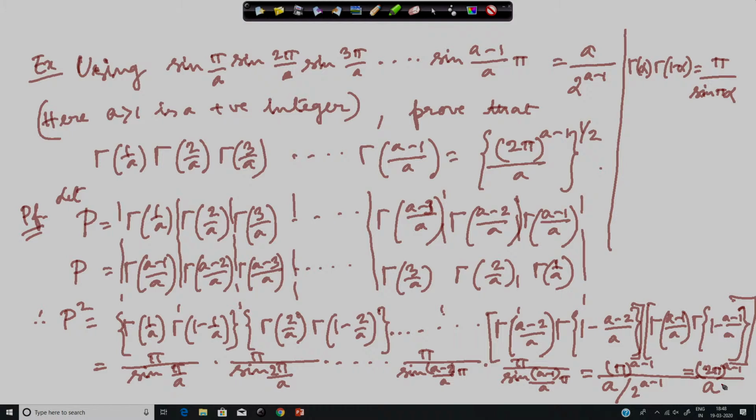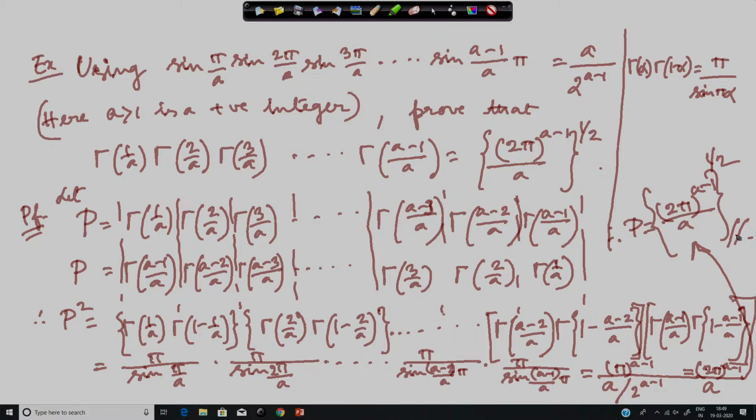So, p will be, if you take the square root of the entire thing, therefore, from there I can write p equal to (2 pi) to the power (a minus 1) by a, to the power half. That is what we required. Okay. So, this is one result.